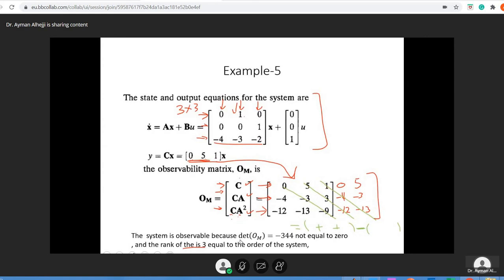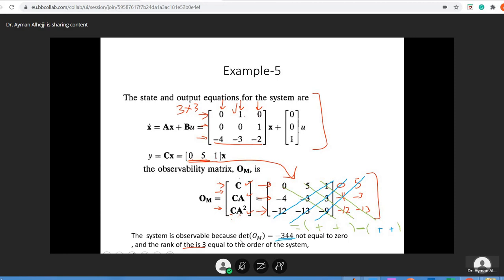Because we need to subtract another element, which is 1 times minus 3 times minus 12, and then 0 times 3 times minus 13, and then 5 times minus 4 times minus 9. You put it here, and then you find the determinant. We got minus 344, which does not equal 0.